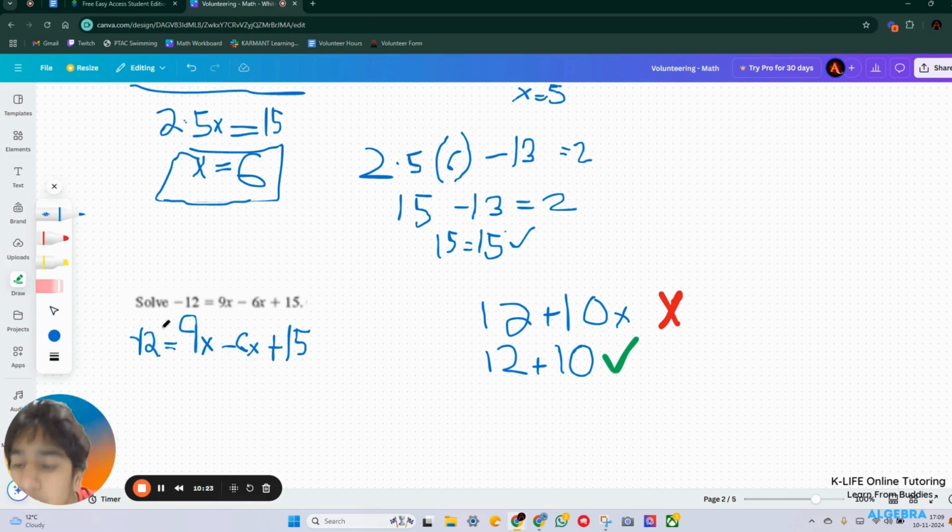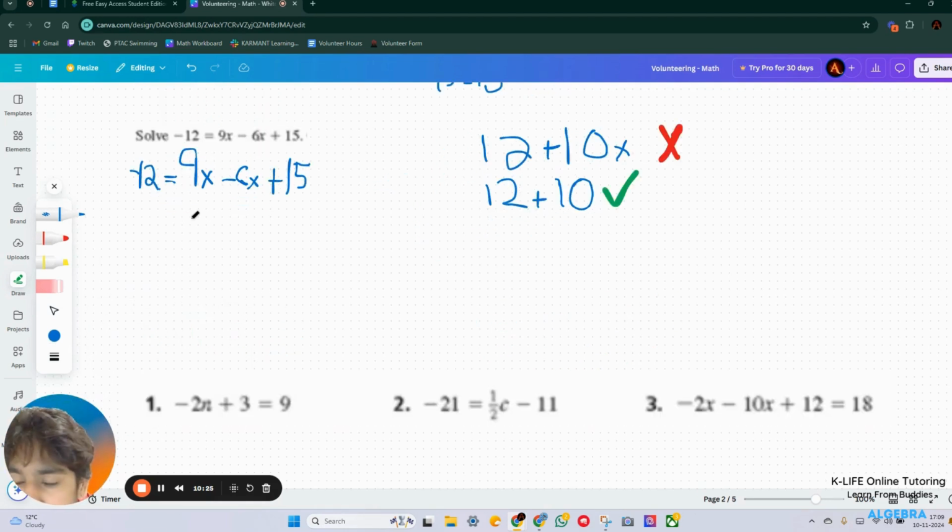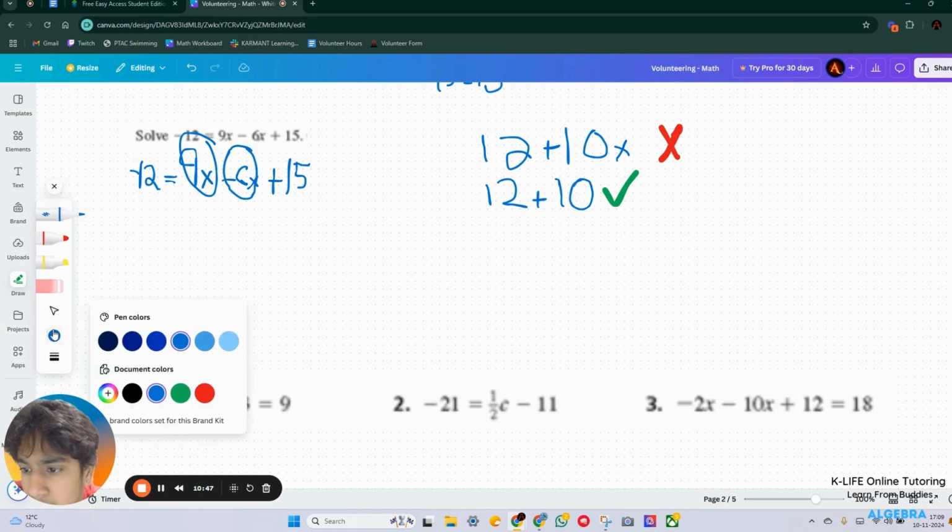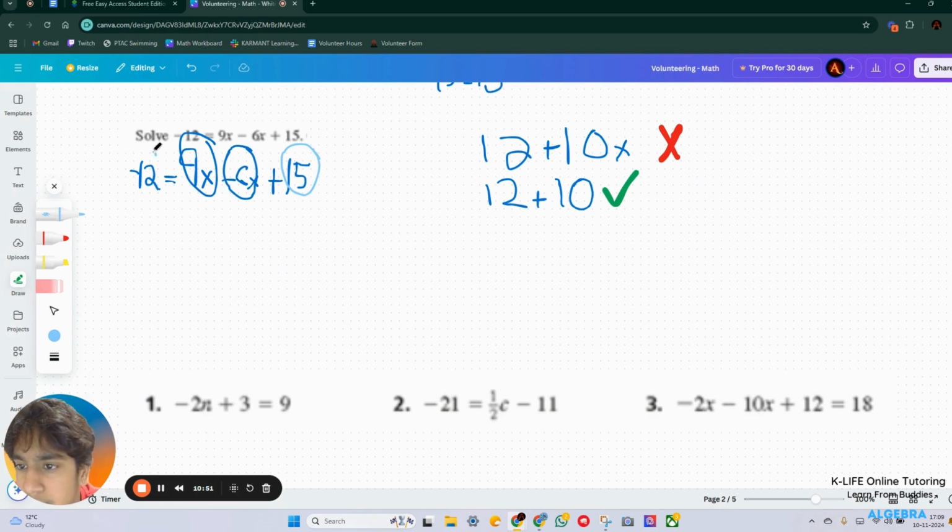Now if we look ahead for this problem, okay? We just wrote out the equation right now. So what do you see as a combining like term? What can you combine, and what are the like terms? So you see 9x is with 6x, and 15 is with negative 12, right? You see that?